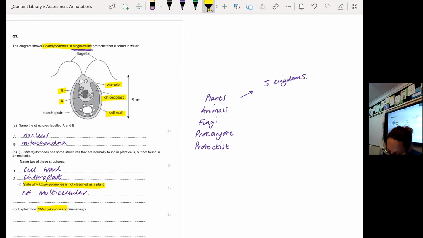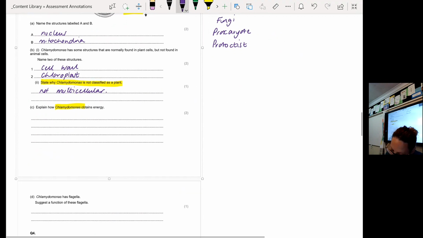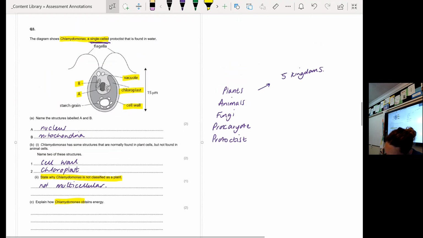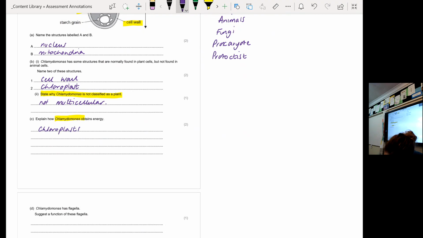So Chlamydomonas obtains its energy by using its chloroplasts. What is the job of a chloroplast? Here you're looking at the function of organelles. Chloroplasts absorb light, that's one mark, to be used in photosynthesis.